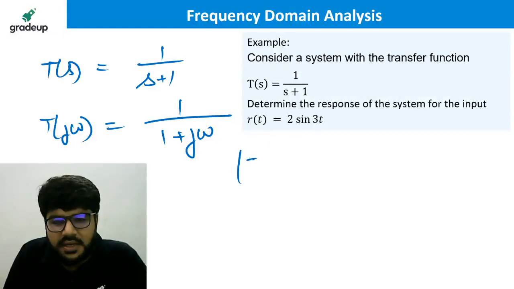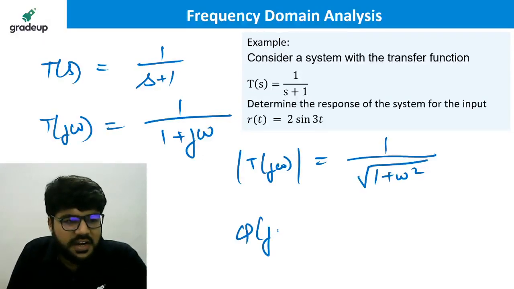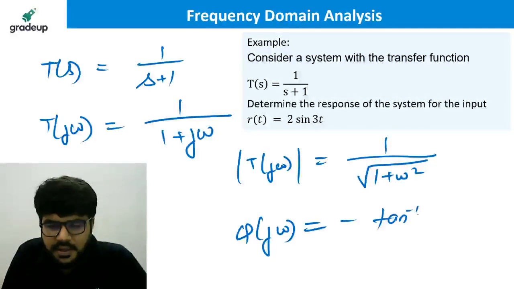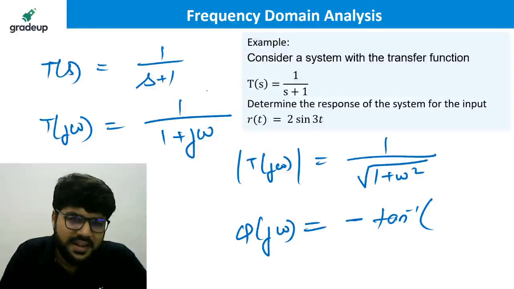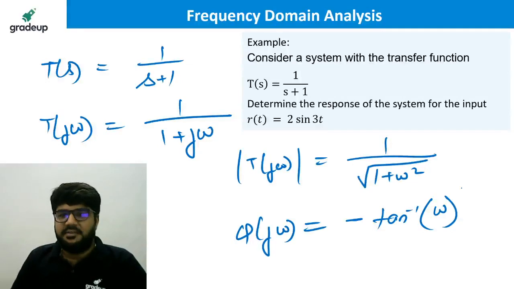What is mod of T j omega? Magnitude function will be 1 upon under root 1 plus omega square. Phase function phi j omega will be minus, numerator is again a positive real number, 0 degree, minus tan inverse y by x, that is minus tan inverse omega.